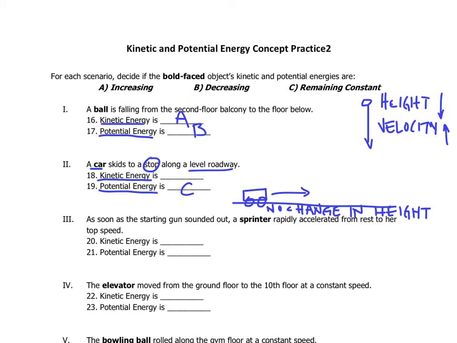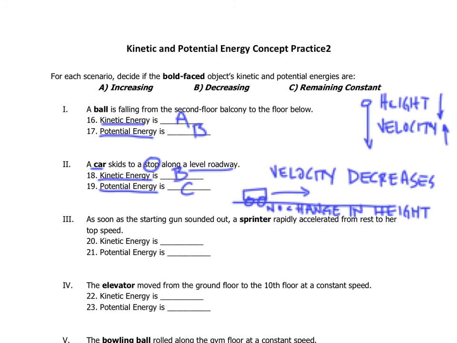So if you are coming to a stop, then your velocity has to be slowing down. Therefore, your velocity is decreasing. If your velocity is decreasing, then that means that your kinetic energy must also be decreasing. Answer choice B.